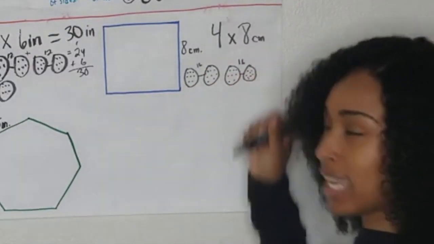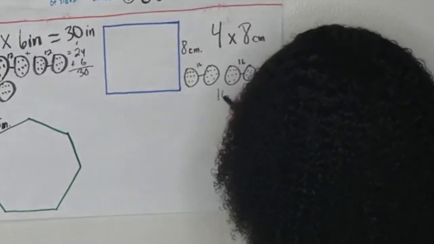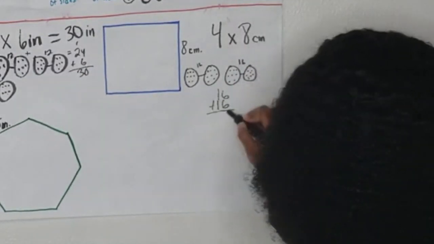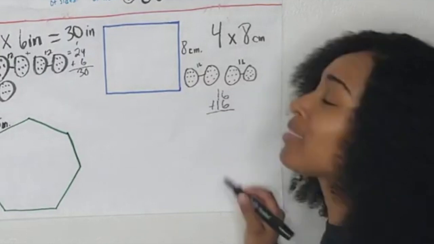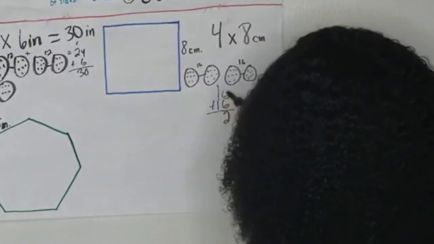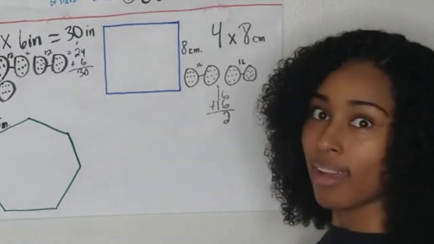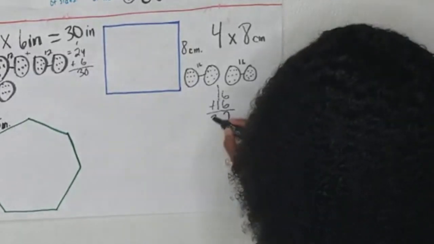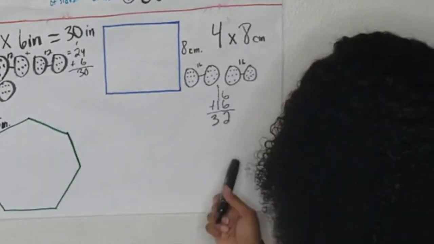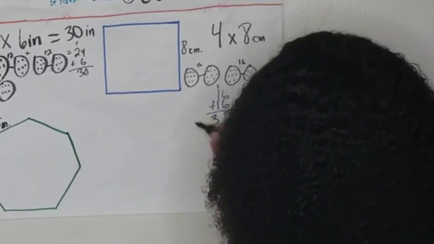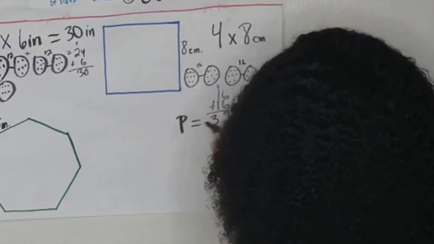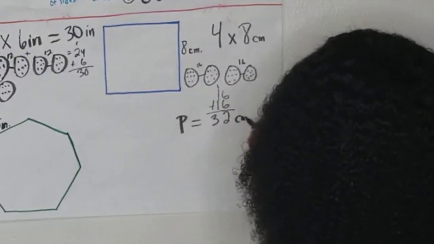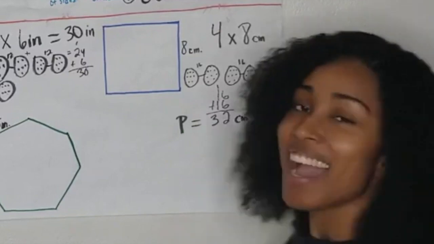Now I'm going to add 16 and 16 together. 6 plus 6 is 12. Carry over my 1. 1 plus 1 plus 1 is 3. Good. So I'm going to rewrite it here: perimeter equals 32 centimeters. All right guys, we're doing good.